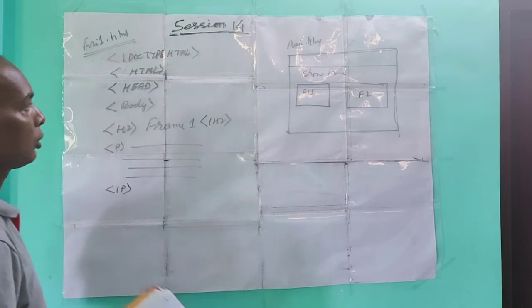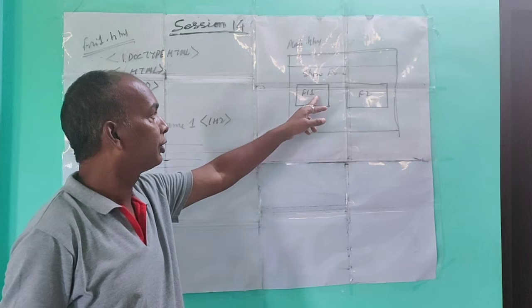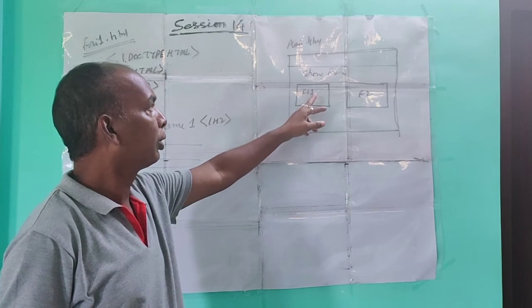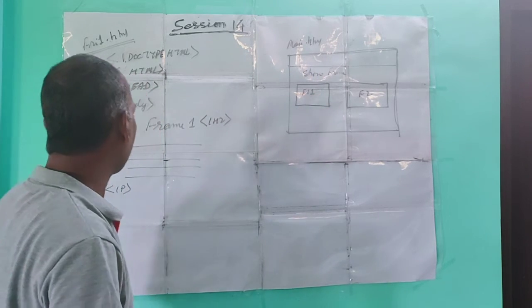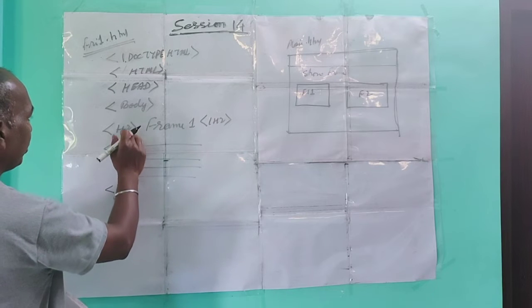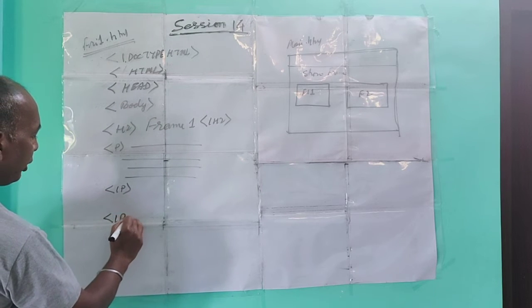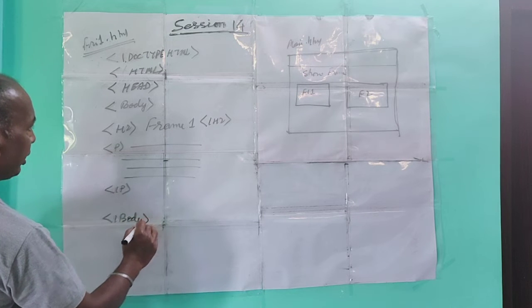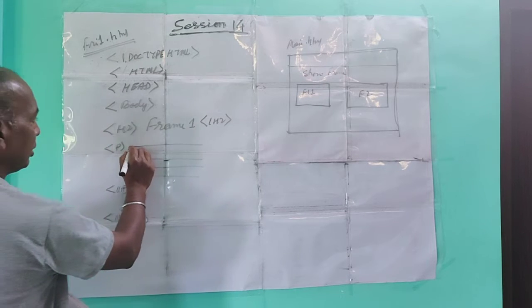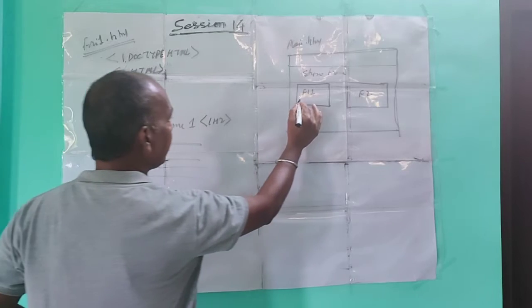Here you can also insert image, audio, video, text, etc. Whatever you want to add, you can write within the opening body and closing body part. Whatever text you write, that text will appear here.